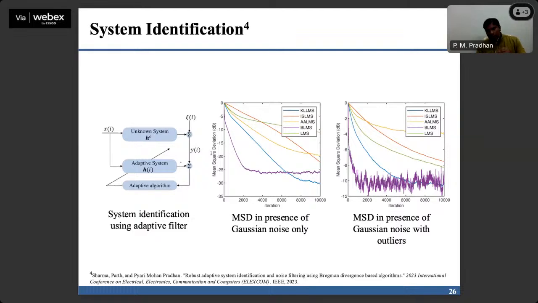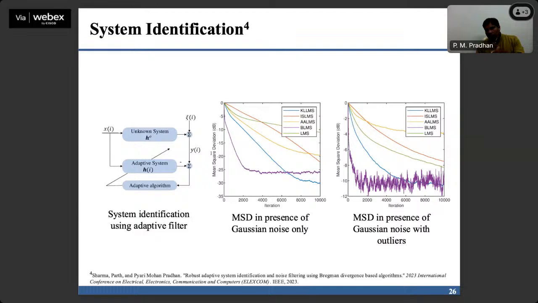So the LMS and BLMS, these are the conventional ones. The rest three are based on your information theoretic divergence. We can see how these algorithms are behaving over time, and the mean square deviation is decreasing over time.